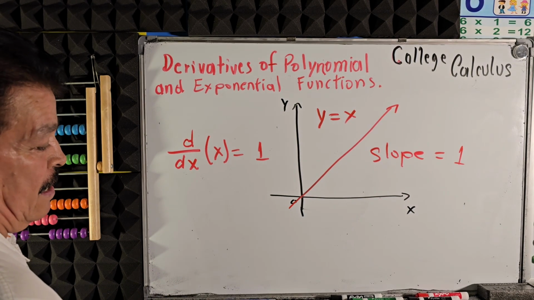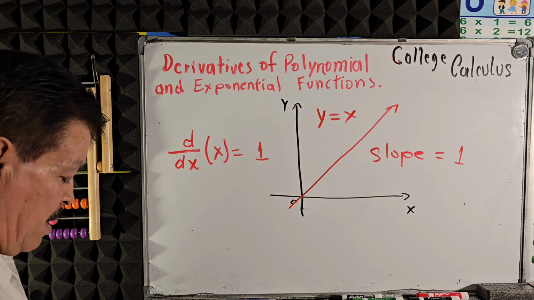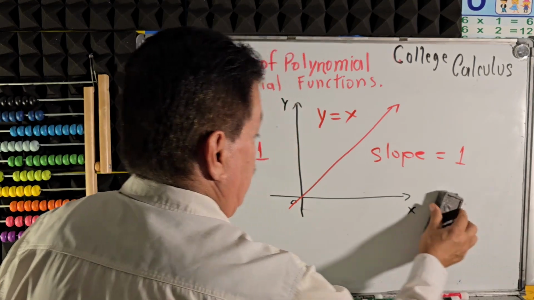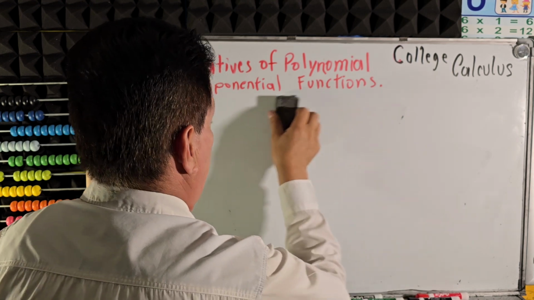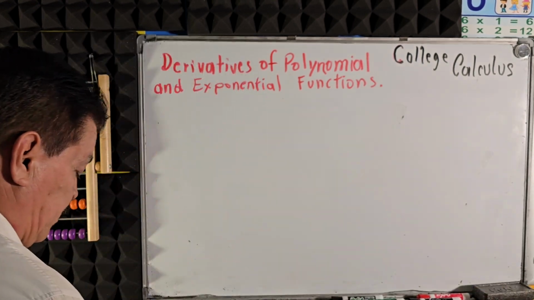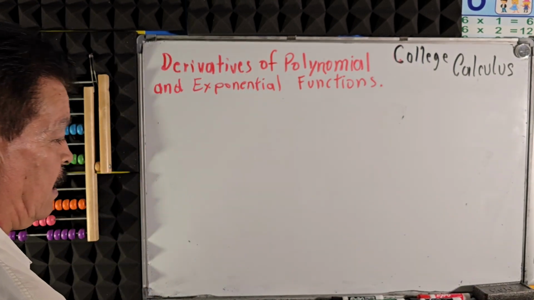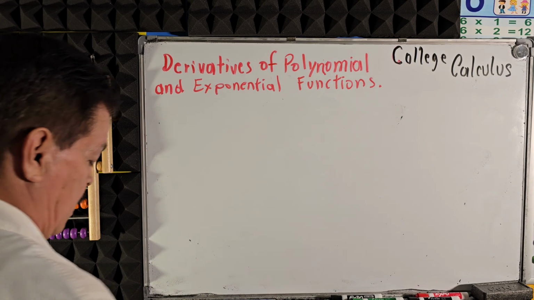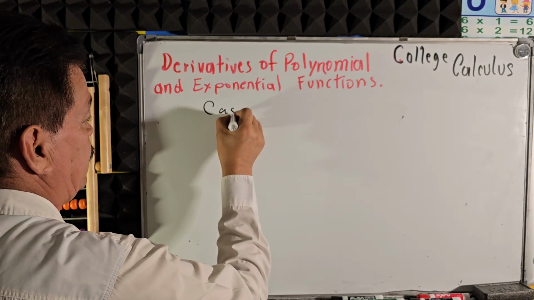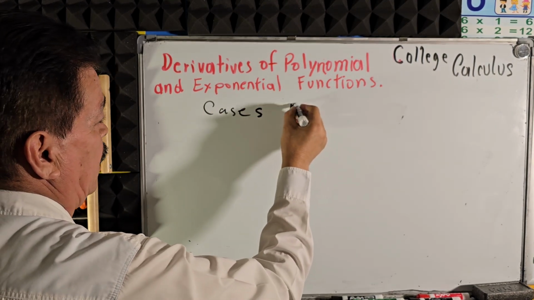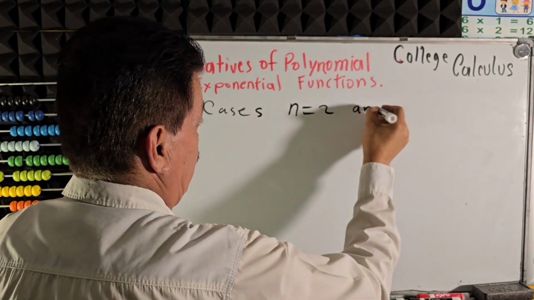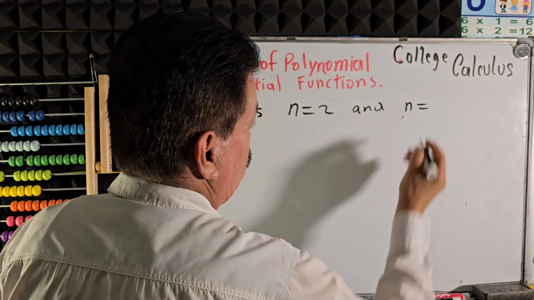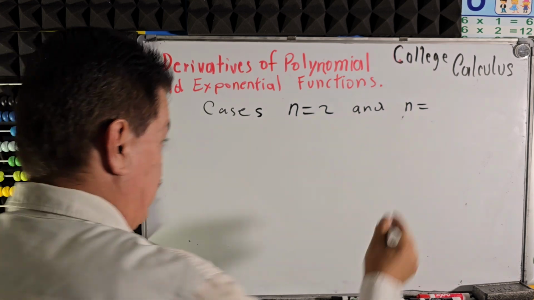Let me erase this and go on explaining more ideas about this. We have cases like n equals 2 and n equals 3.